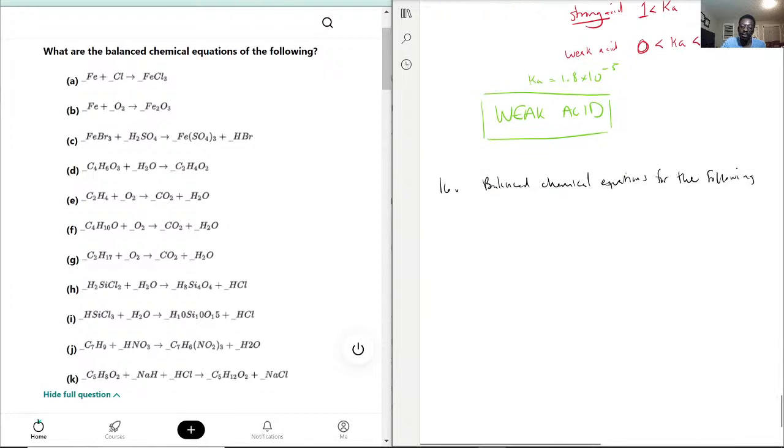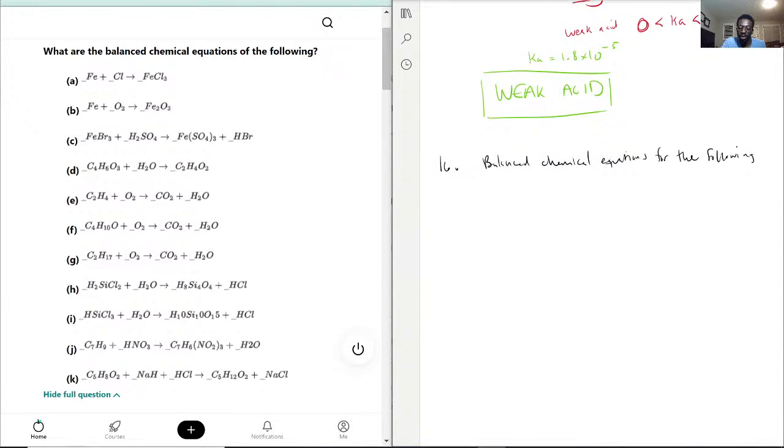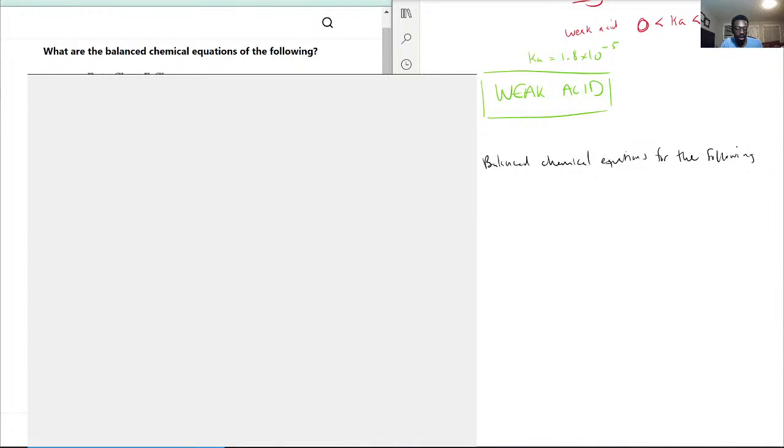So when it comes to balancing equations, I'm just going to list them all out, so bear with me here. A, B, there should be a way for me to actually snip this and paste it, make it a lot easier.